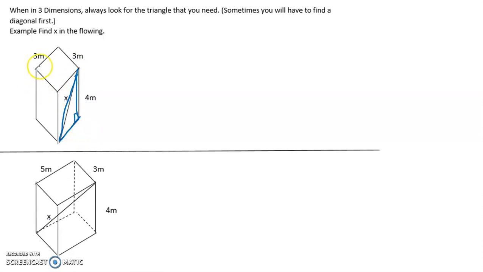If that's 4, because this is a prism, if that's 3, that's also 3, and that's 3. So the triangle that I'm looking for, and a really good idea to draw your diagrams out, has got 4, 3, and X. So then this is my C. A and B doesn't matter which one it is, and C squared is A squared plus B squared.